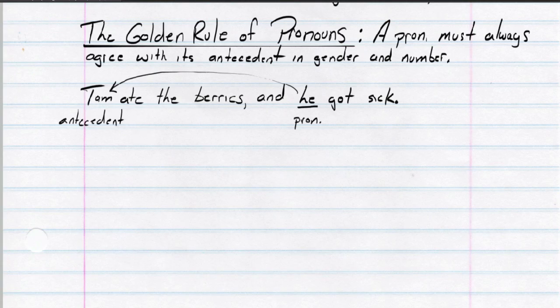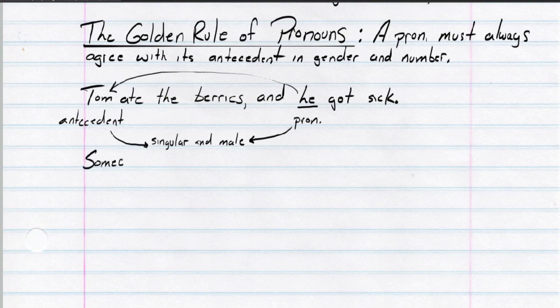So if we notice, Tom, the noun, is singular. So we're talking about just one as a number. And it's male or masculine. So the antecedent is singular and male. Therefore, the pronoun must be also singular and male. For example, he. One last sentence to write, and then we are done. Write this one down.